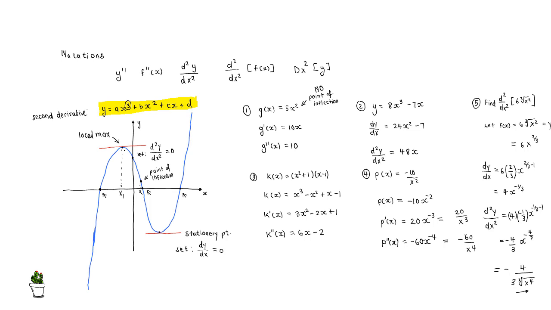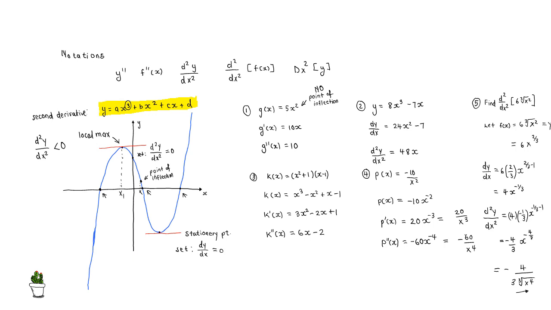If you want to know whether that stationary point is a local maximum or a local minimum, like what this one is, for a local maximum, d squared y by dx squared, the second derivative, is less than 0. The way that I remember this is that these two halves are sort of like mini parabolas.